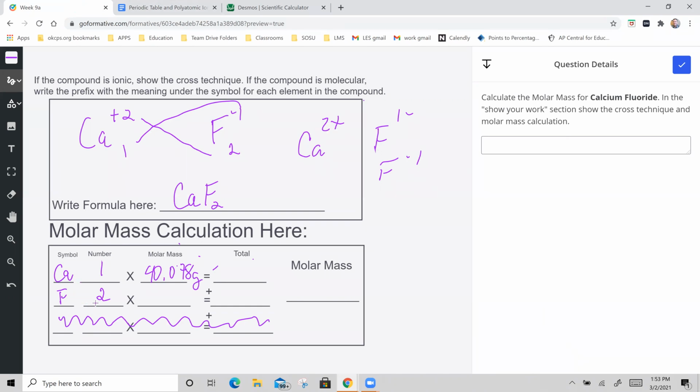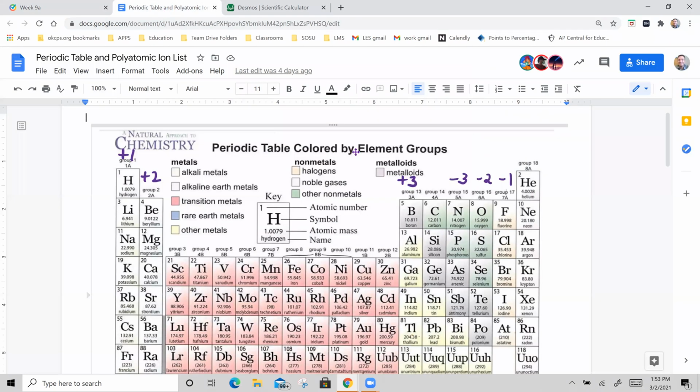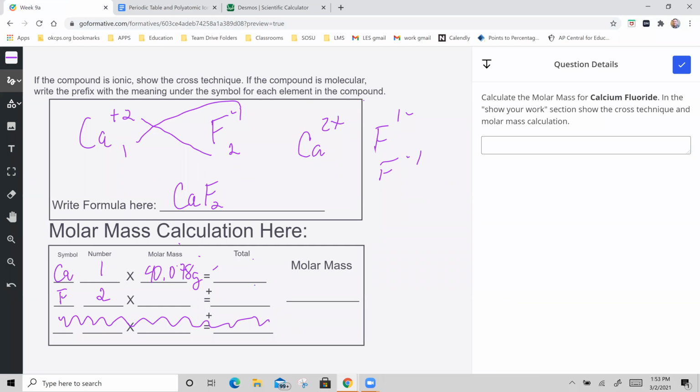And for fluorine, that is going to be 18.998 grams. So we would say 18.998 grams. And so all we have to do now is multiply 1 times 40.078, and that is 40.078 grams.